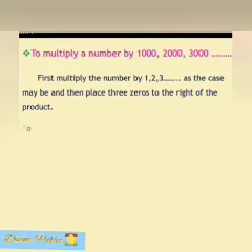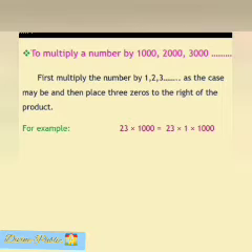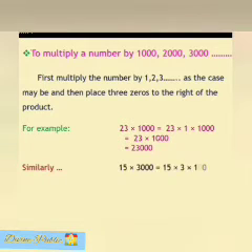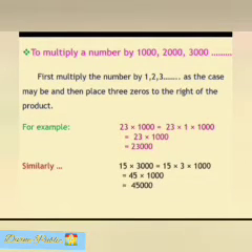For example, 23 into 1000 equal to 23 into 1 into 1000 equal to 23 into 1000, that should be 23,000. Similarly, 15 into 3000 equal to 15 into 3 into 1000, that is 45 into 1000, that will be 45,000.